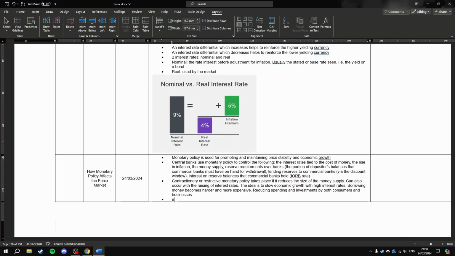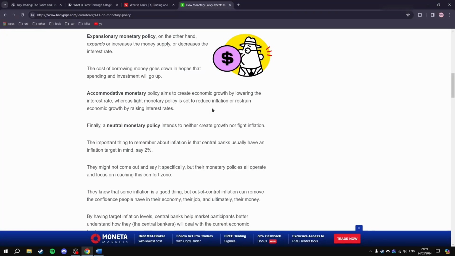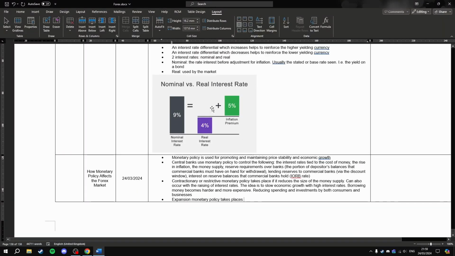Expansionary monetary policy does the opposite, I'm assuming. Policy takes place if it expands or increases the size of the money supply.